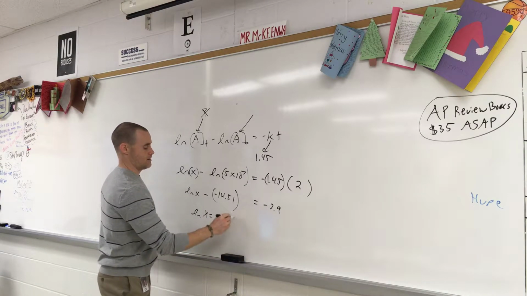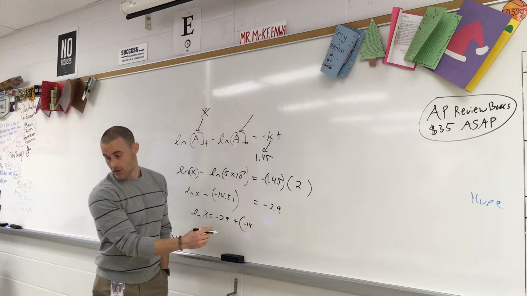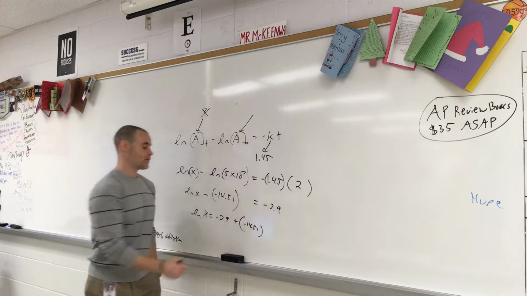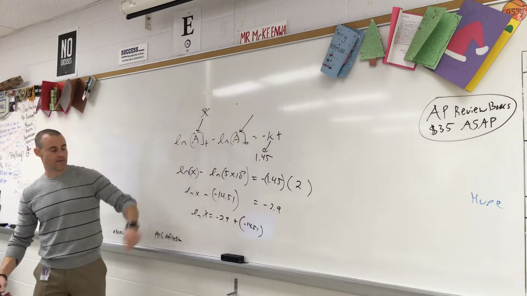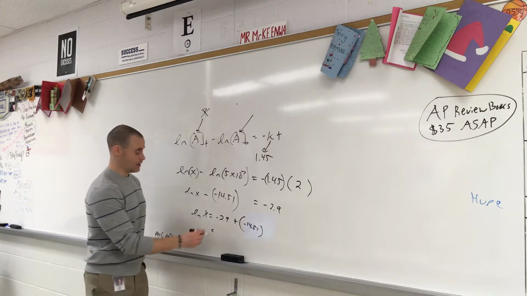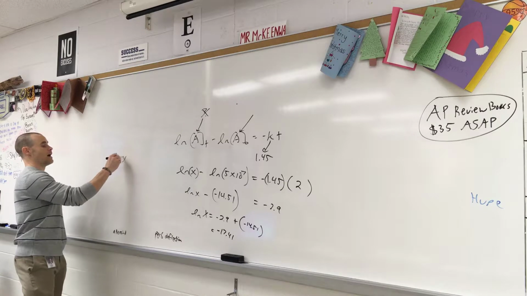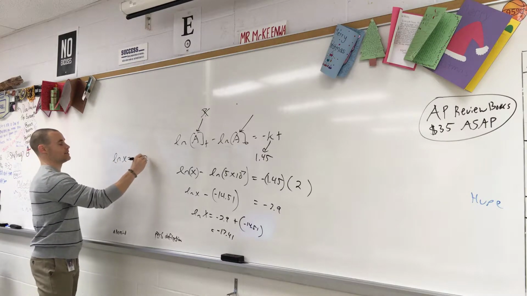Okay. Negative 2.9 plus negative 14.5 equals negative 17.41. So the natural log of x equals negative 17.41.